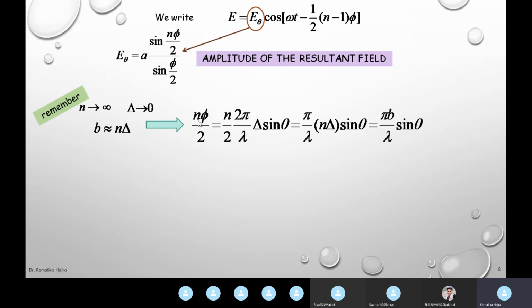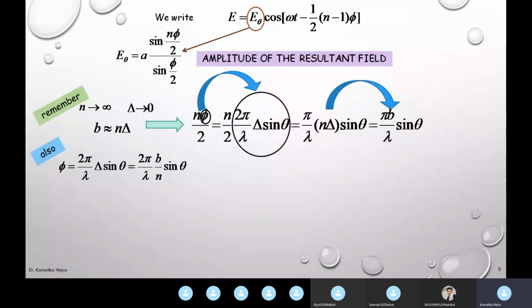So n phi by 2, with the value of phi written as 2 pi by lambda delta sine theta, becomes pi by lambda n delta sine theta. But we know that n delta equals b. So n phi by 2 can be written as pi b by lambda sine theta. All known quantities: lambda is the wavelength, b is the slit width.